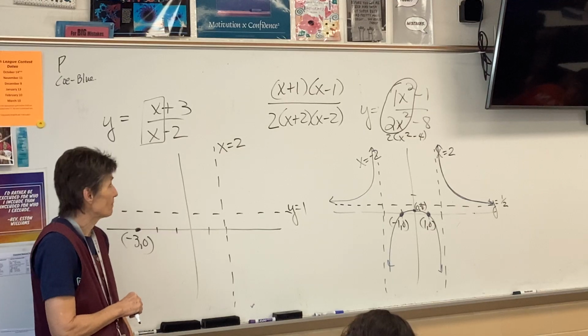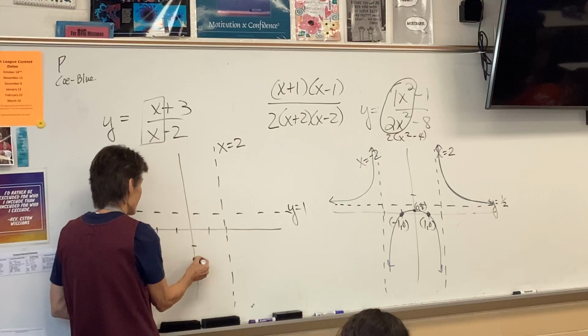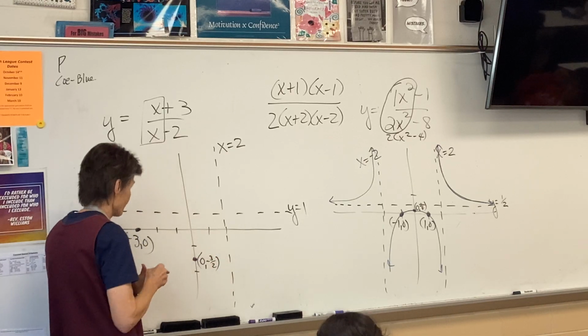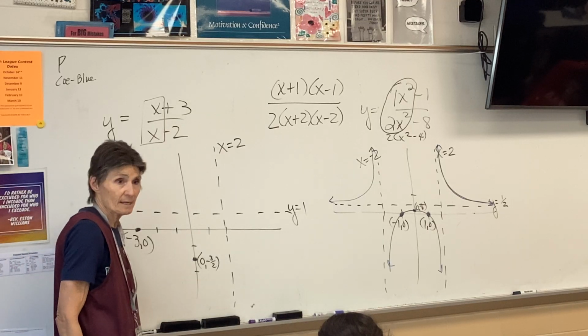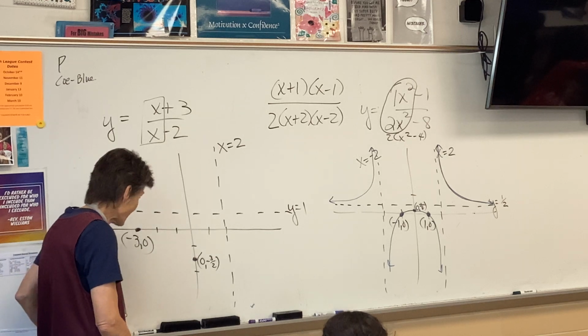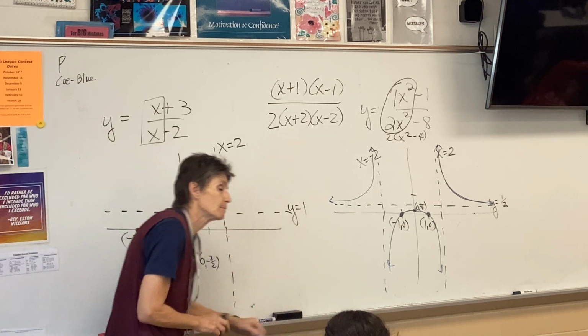What else do I have? A y-intercept at negative 3. How did I get that? I let x be 0. Based on that, you should be able to draw a picture.